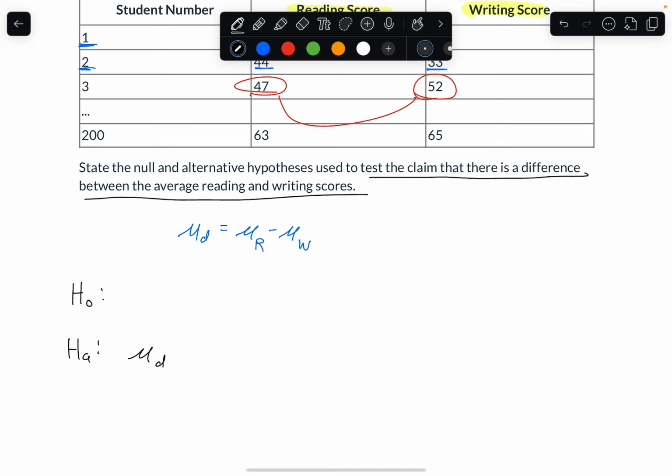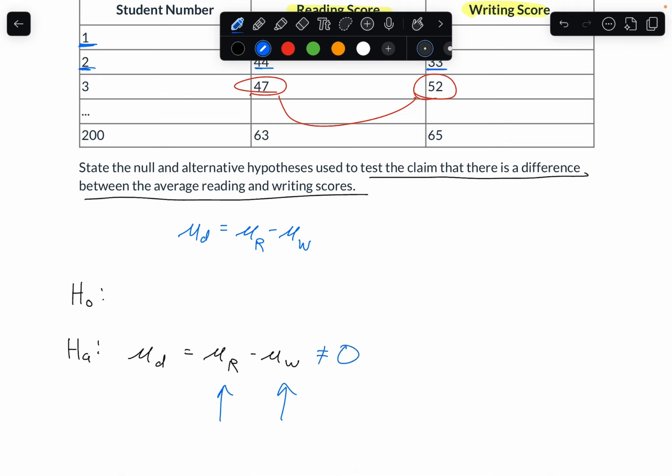And if there's a difference, what that would mean here if we subtracted them, mu sub r minus mu sub w, if the mean of the reading scores is different than the mean of the writing scores, is I'm going to get some number when I subtract them. What I'm not going to get is 0, because if they were the same, I would get 0. If they're different, I will get something other than 0, right?